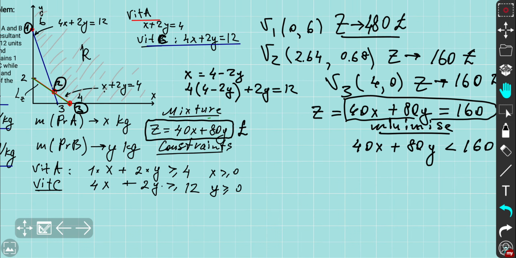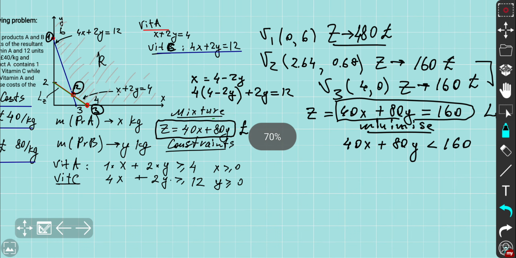Now we need to check, according to the steps that we figured out before, that if this plane, which is actually lower, so we consider the plane which is lower, it means we shade it like this, the half of the plane which is lower than the line 40x plus 80y equals 160.